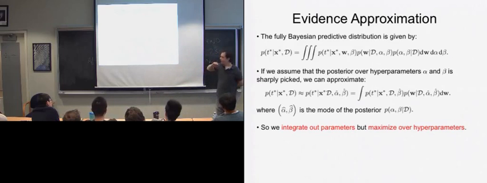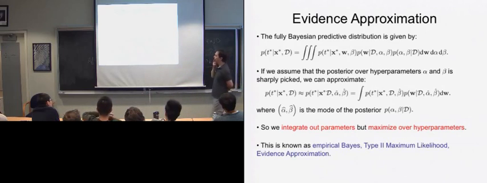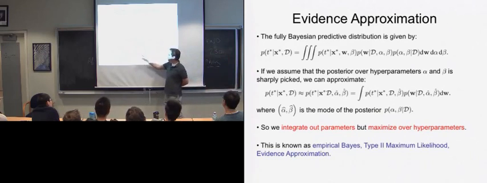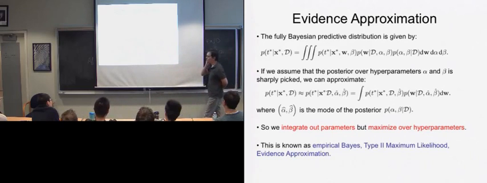Okay? So this is sometimes called empirical Bayes. This is also sometimes called type 2 maximum likelihood or evidence approximation. Again, the idea here is that you're integrating out your parameters, but you're optimizing over your hyperparameters. Okay?